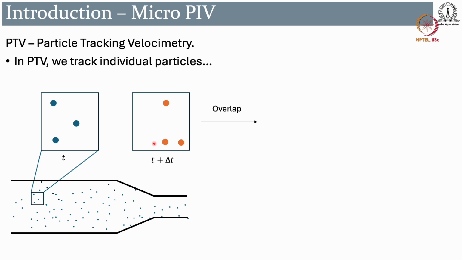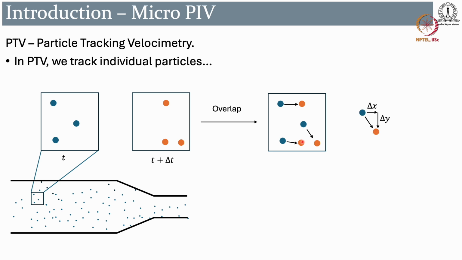Now if you overlap these two windows, you should get something like this, given the fact that these particles don't go out of the window, but don't consider that for now. You can see this particle has moved here, this has come here, and this has come to this side. Now you know the delta t, the time in which it has moved. If you consider this particle, it has moved delta x and delta y.